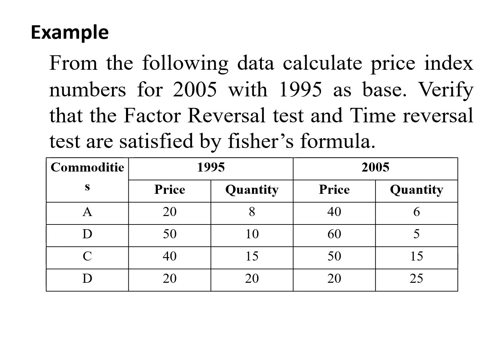What they mention in the problem is to calculate the price index number for 2005 with 1995 as base year. So 1995 is the base year and 2005 is the current year, and based on that we can calculate.